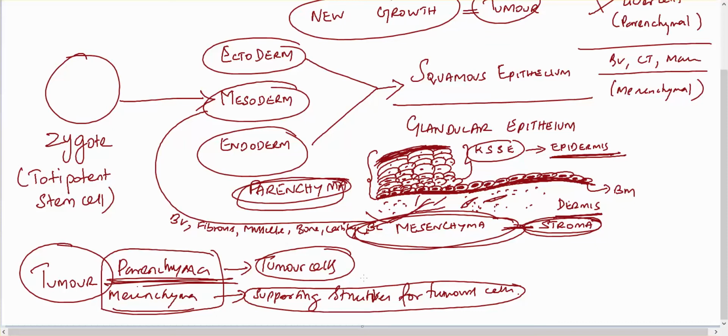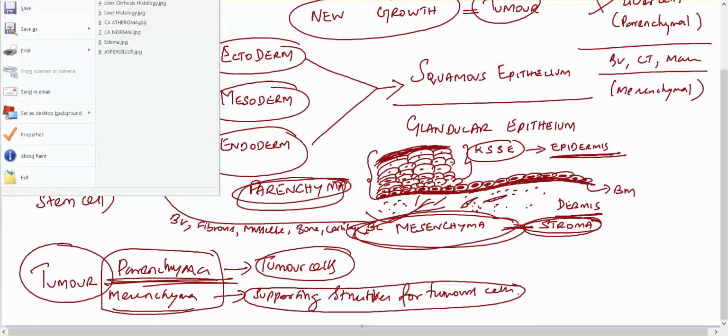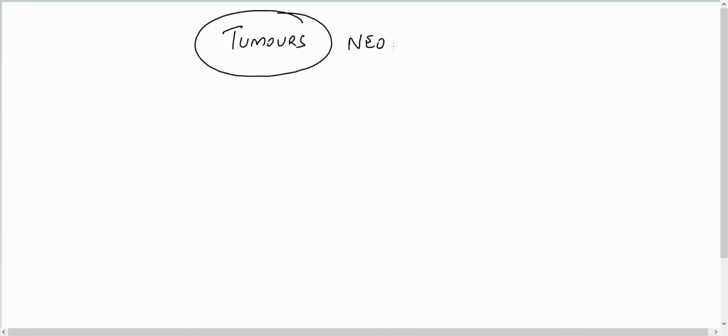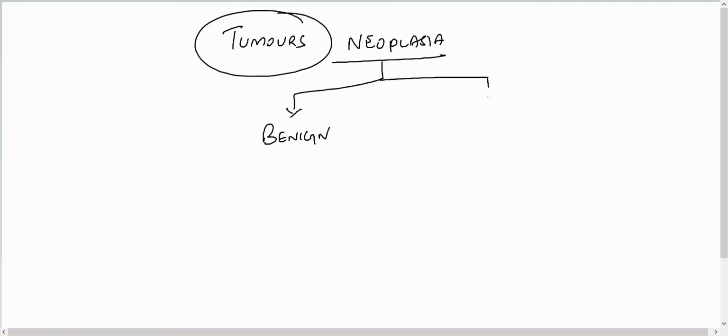Now, tumors, that is neoplasia, are of two types. One is benign, the other is malignant.